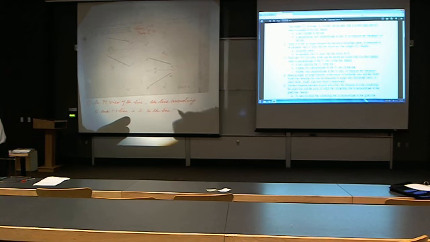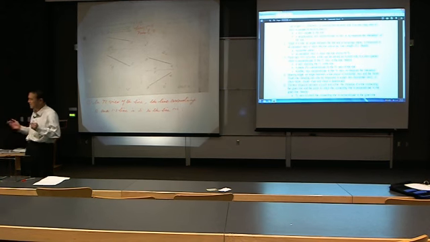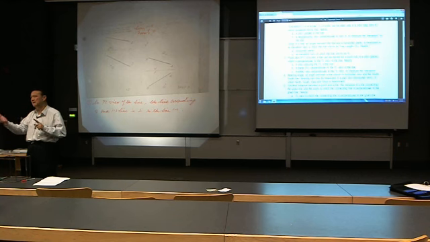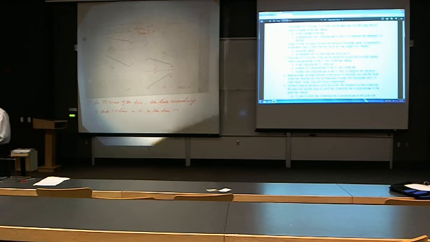What is the line? The line 1, 2. So we have a connecting line between the point and the line, and we have a line 1, 2.